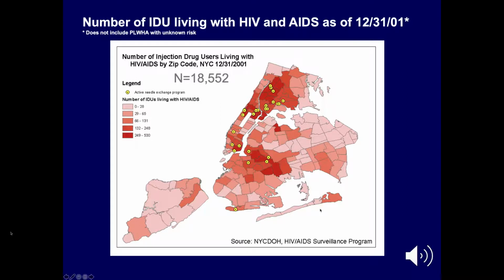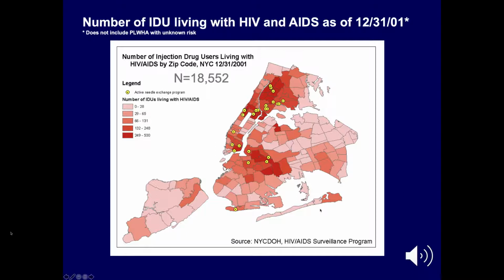This is a slide that I think demonstrates one useful aspect of the HIV and AIDS surveillance system. It's showing the number of cases of HIV by neighborhood, or by zip code in this case, among people who inject drugs.